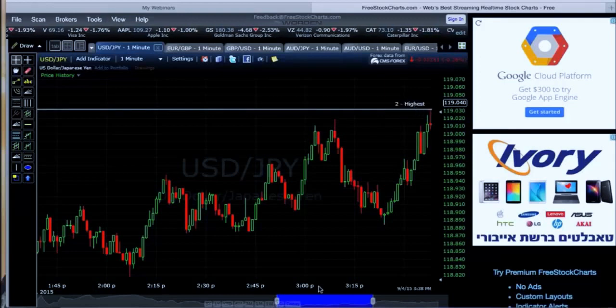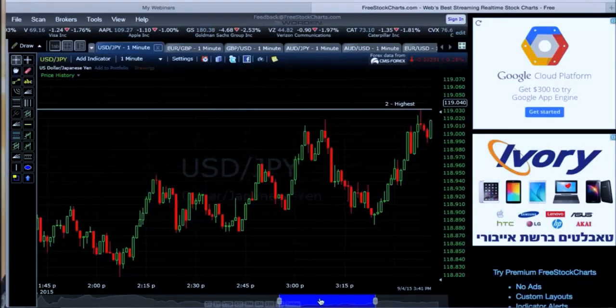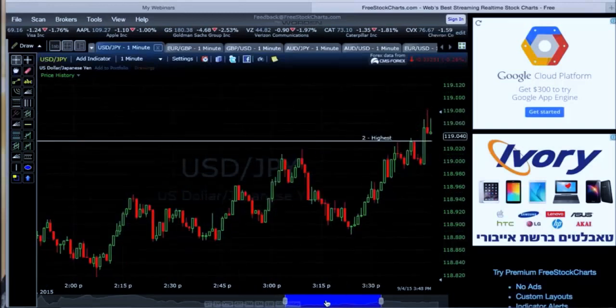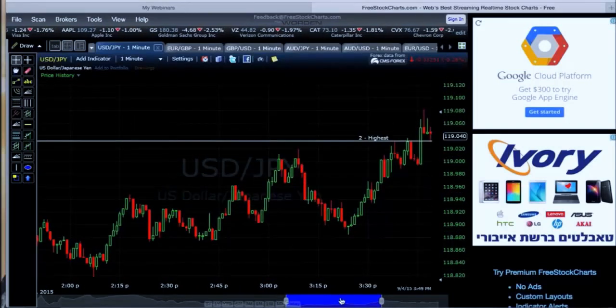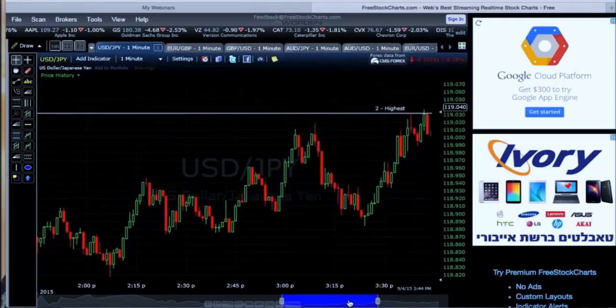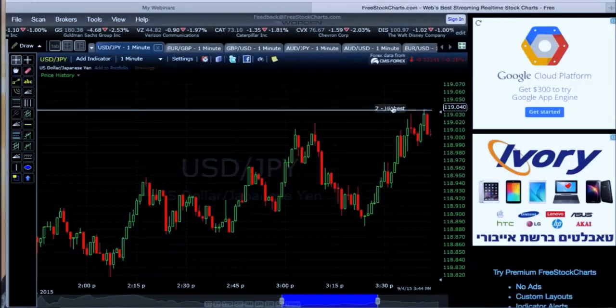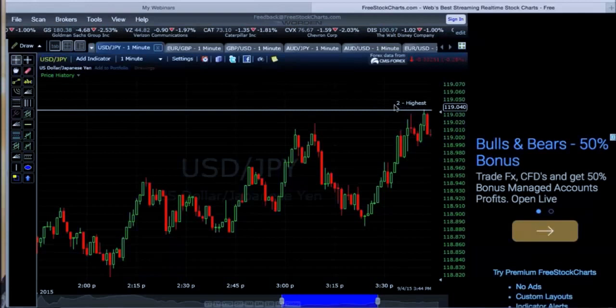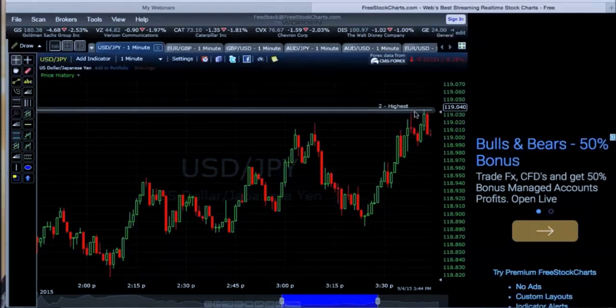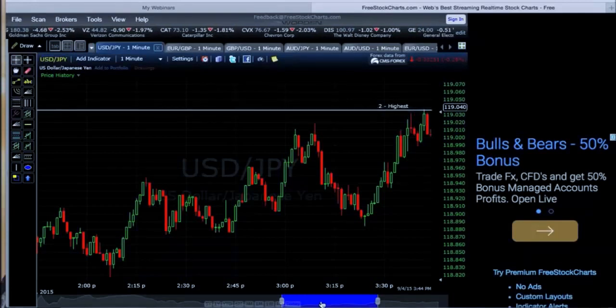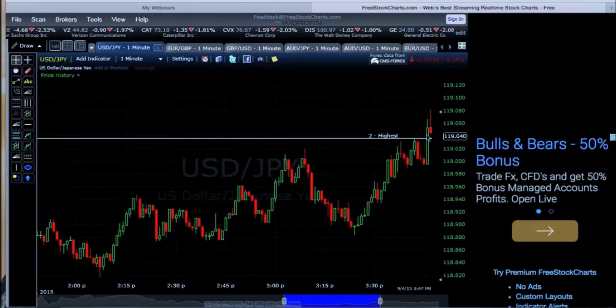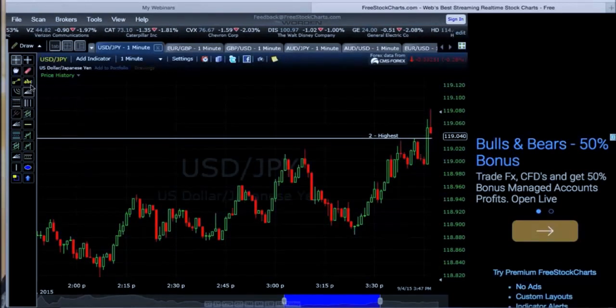We're still uptrending. This candle here created a new highest point, so we are still focusing on our second point of this strategy. And then here it closed above it, so this is going to be our third point.